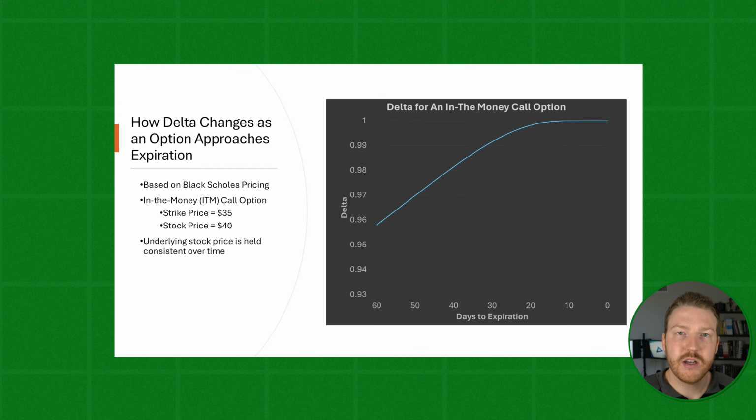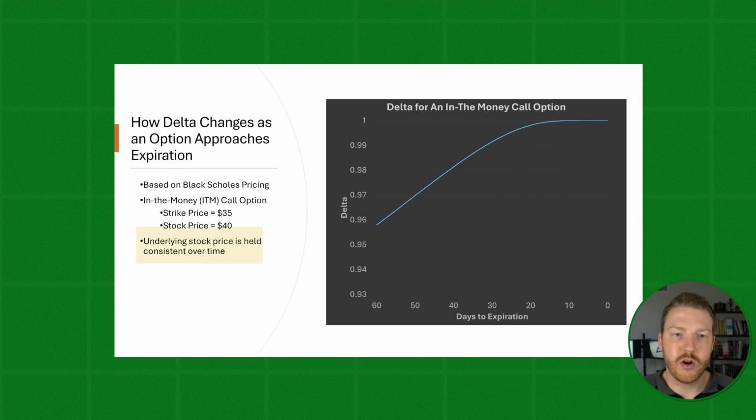Now, what does that mean? That means that if I own this option, I can buy a stock for $35 that's actually worth $40. So I am currently in the money because this option will exercise and I will have value when it exercises.